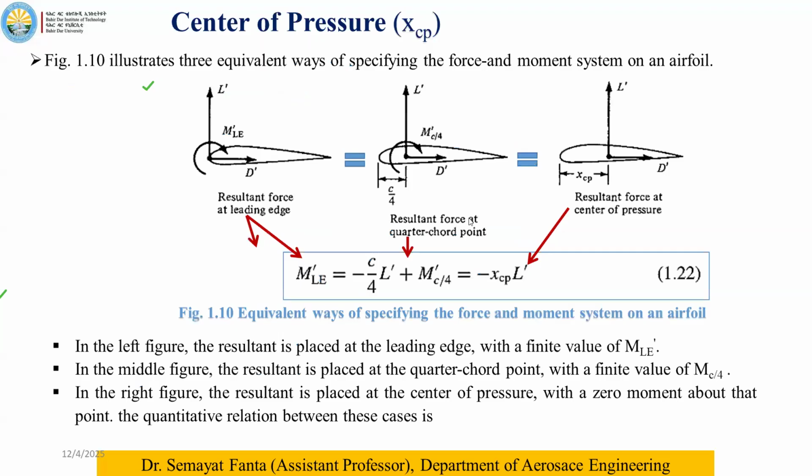So now let's illustrate this condition in a broader sense. In this picture you can see three different pictures. One is where the pitching moment is extremely at the leading edge.